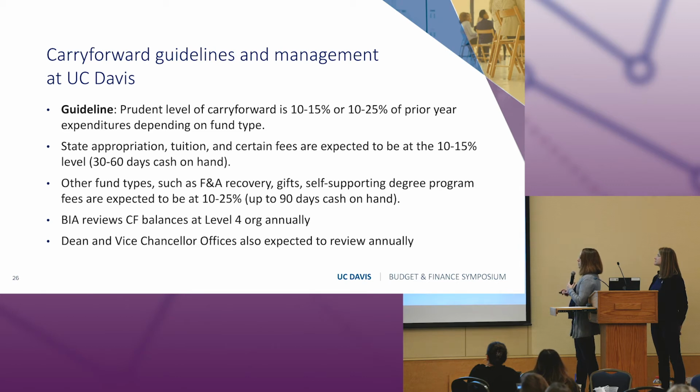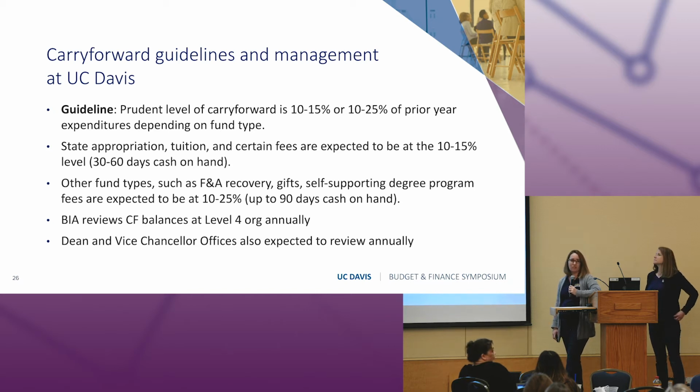We review carry forward balances at the level 4 org annually. And a little new information: next week we are pushing out a new carry forward report function in Aggie Budget. Any of you looking at reports in Aggie Budget, which all of you can have report access to, even if you're not using it for planning this year, it's going to be much easier to use.